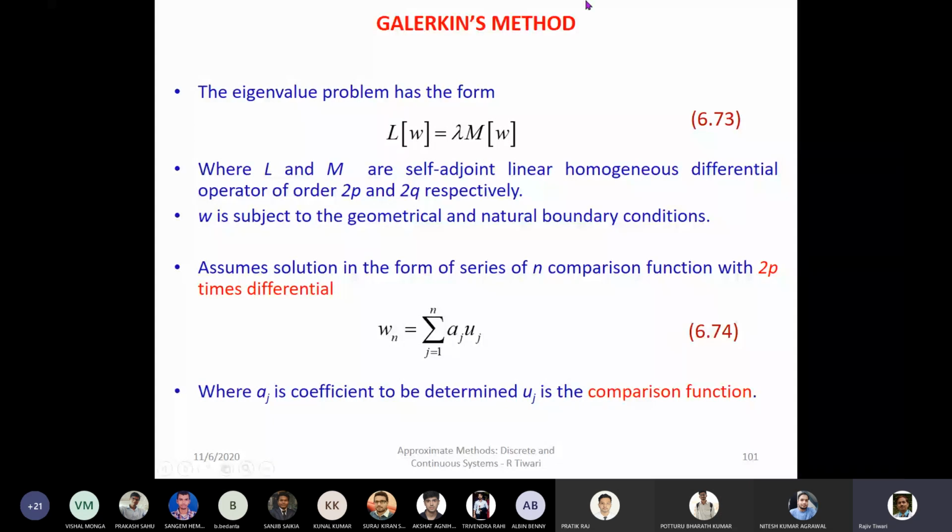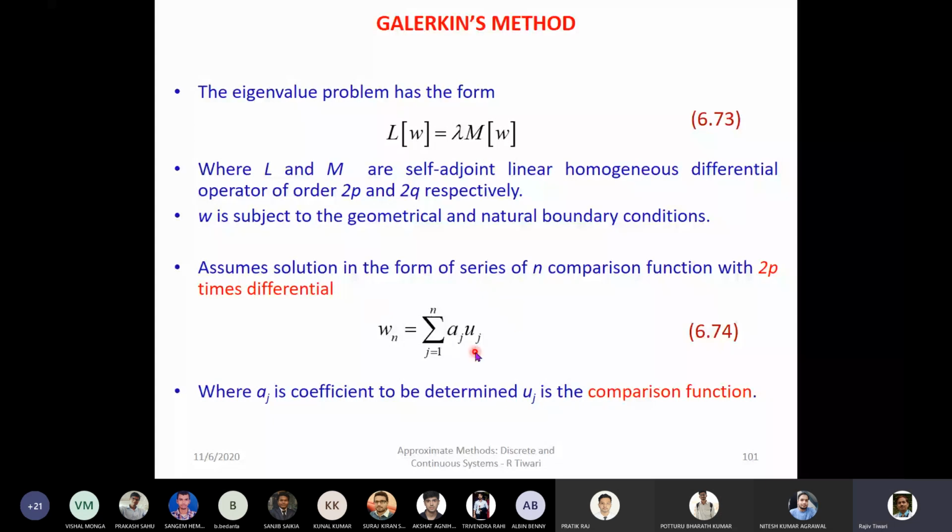So here we have the eigenvalue problem. This is the standard eigenvalue problem, with the general L operator and M operator, and we are assuming that they are self-adjoint operators and all those things. And this W is subjected to both geometrical and natural boundary conditions. So here the assumed solution should be a comparison function.